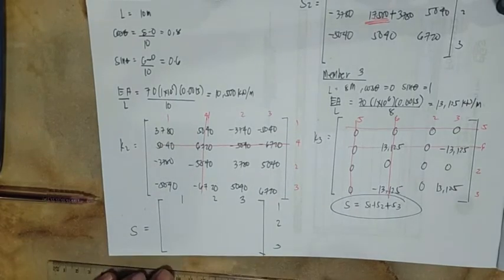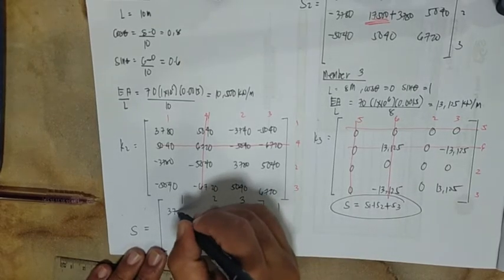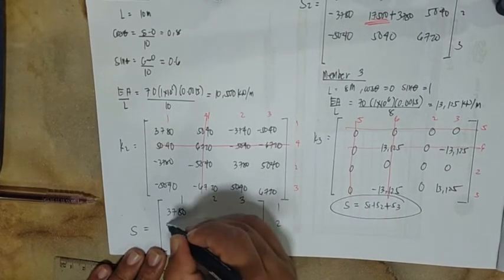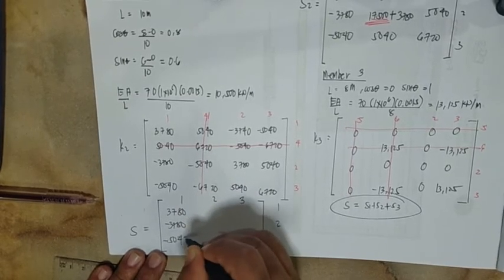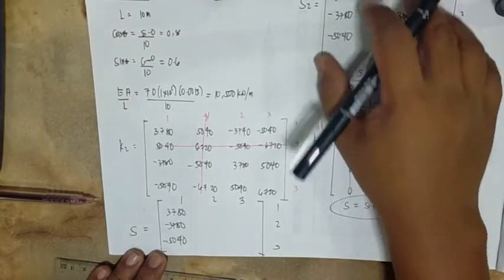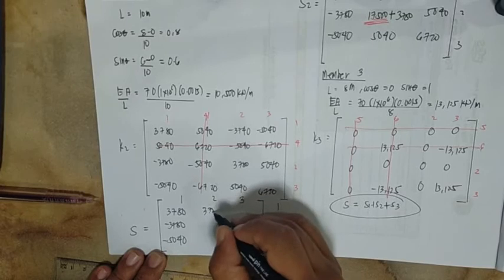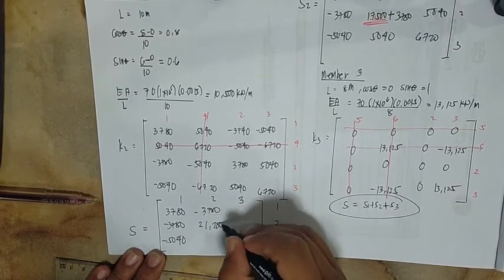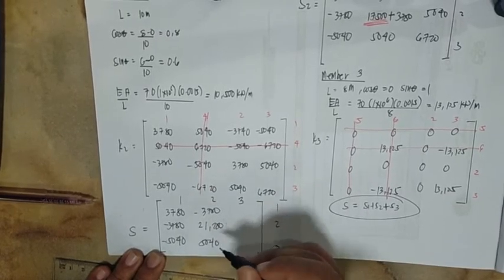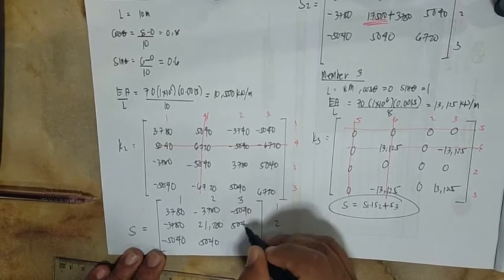So, the structure stiffness for this truss will be 3780, negative 3780, negative 5,040. You can copy this one. Then add only 3, 3. 3780, negative 3780, negative 5,040, negative 5,040, 5,040.